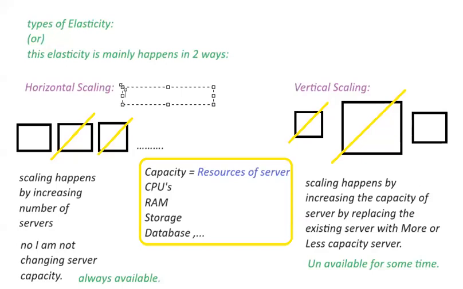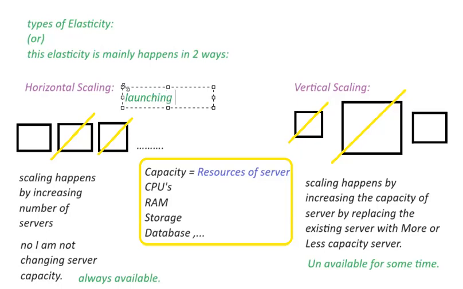Does my client feel happy when my web server is not responding to them? No, right? My clients don't like unavailability of my web server. So while launching more web servers, I need to use horizontal scaling.